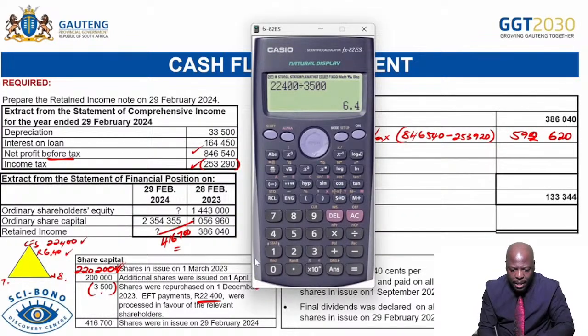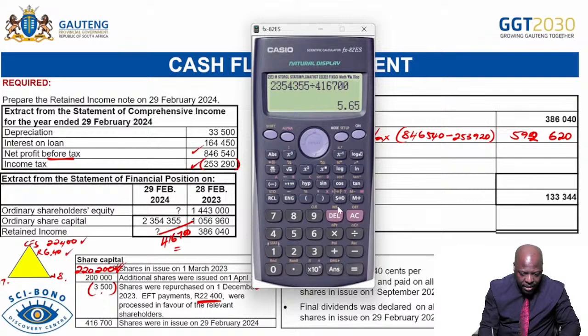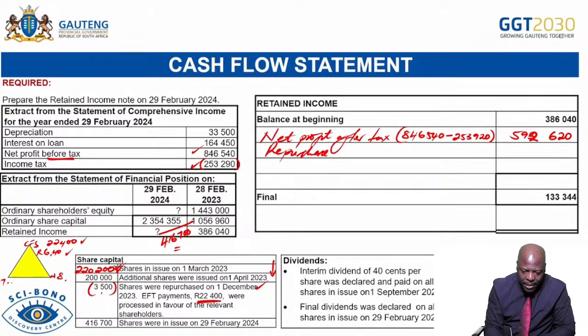So I'm going to come here and then I'm going to now say my 2,354,355. I divide that by 416,700. And then I will now get my 5 rand 65. That becomes my average price now at the end. 5 rand 65. Okay.